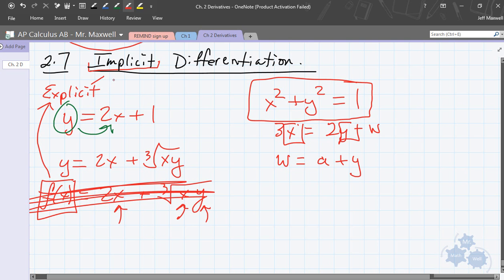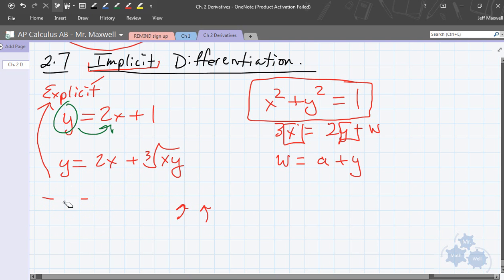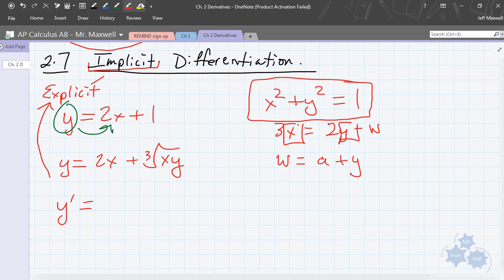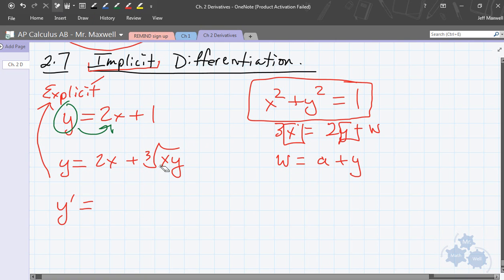So imagine the horror when you're asked to find the derivative of a function that's not explicit. It's not very straightforward. Why? Because all the rules we have for finding y prime only apply when we have x as our preferred variable.